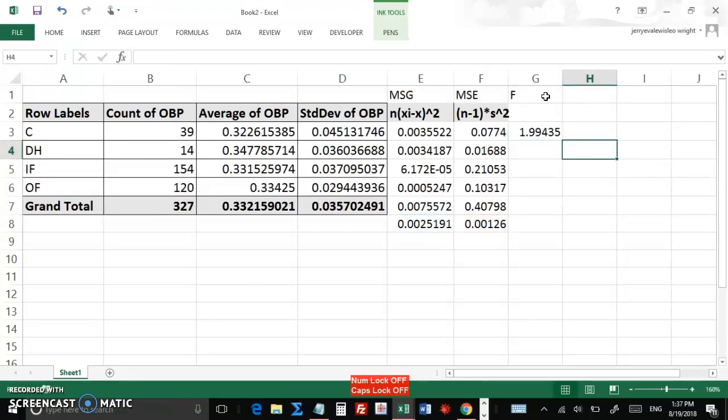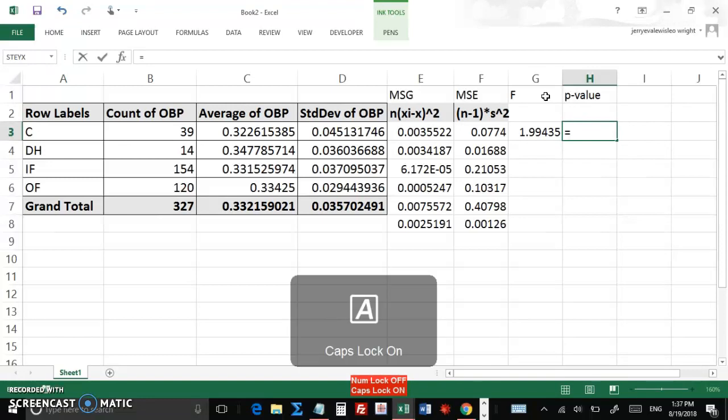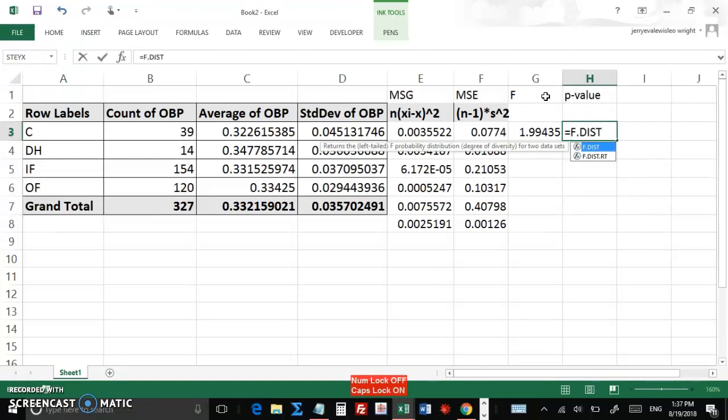Now for the p-value, you can use the F.DIST.RT command. The first argument is your F right there, and then your degrees of freedom. There are 2 degrees of freedom with F. The first is the degrees of freedom among the groups, which is 3, and then the degrees of freedom within the groups, which is 323.